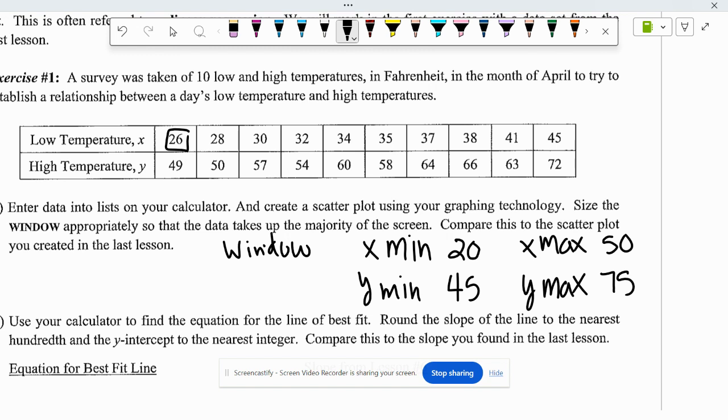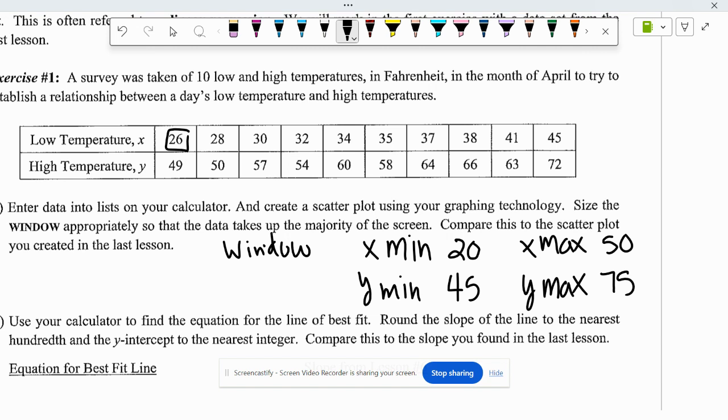So L1 is going to be all of our X values. Okay. So we're going to start inputting our X values. 26, enter. 28, enter. 30, enter. 32, enter. 34, enter. 35, enter. 37, enter. 38, enter. 41, enter, and 45.